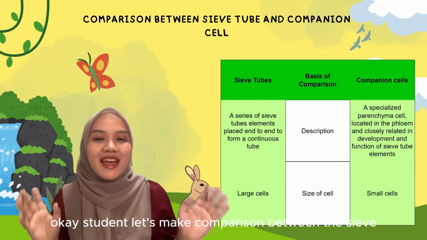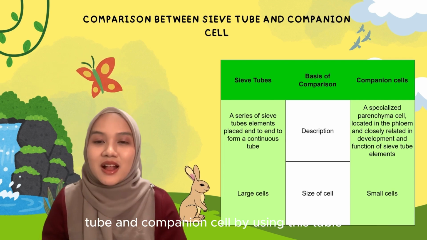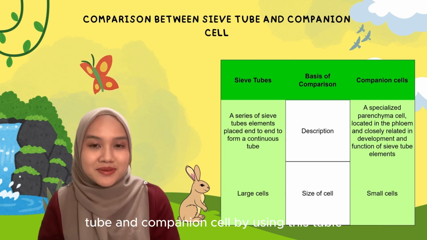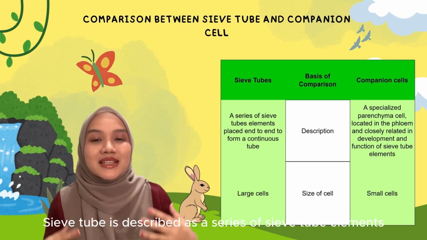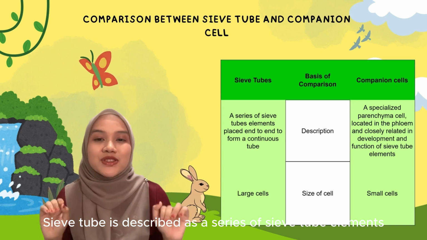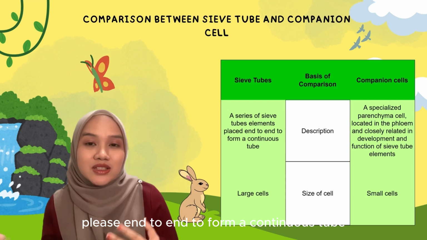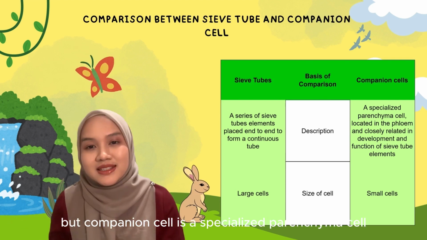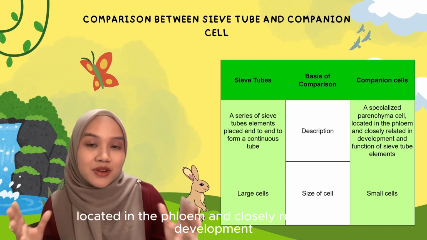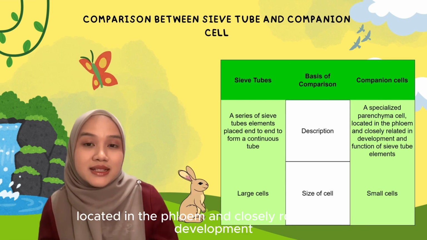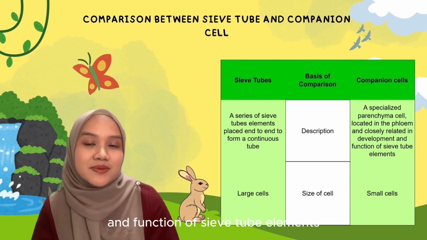Okay students, let's make a comparison between the sieve tube and companion cell by using this table. As you can see in this table, sieve tube is described as a series of sieve tube elements placed end to end to form a continuous tube, while companion cell is a specialized parenchyma cell located in the phloem and closely related in development and function to sieve tube elements.